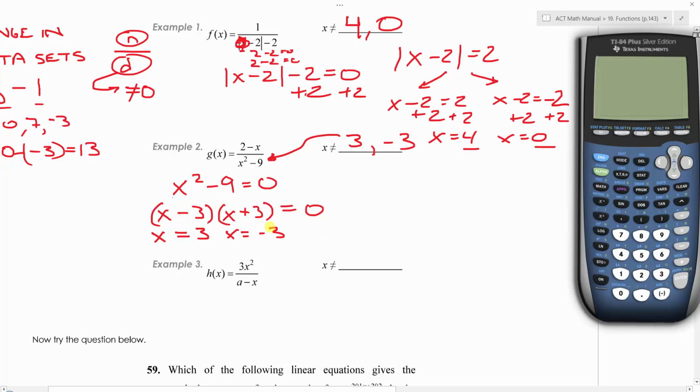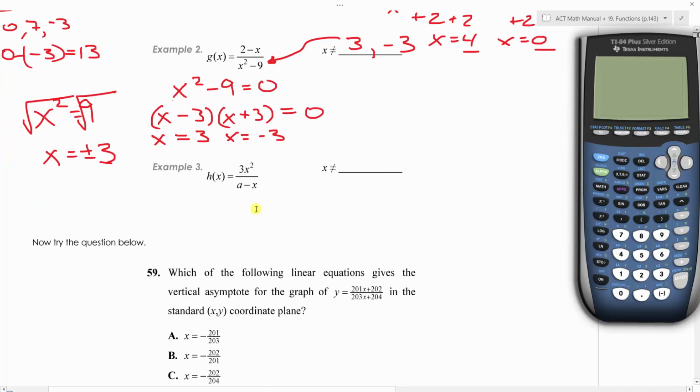You can also add the 9 to both sides and you would get x squared equals 9. You do need to remember that when you square root a squared variable, you have to account for both the plus and the minus value. So those are other ways to figure out what x is here; I just did it with regular old quadratic factoring.